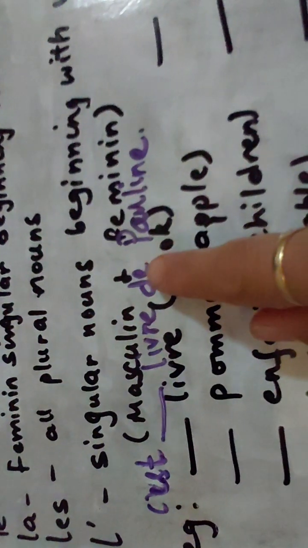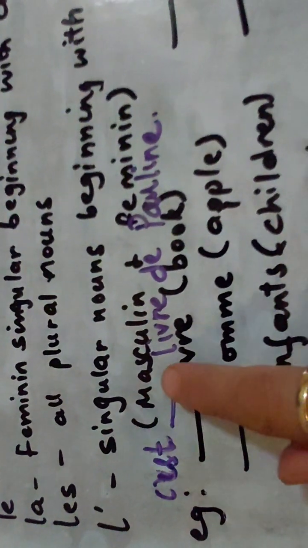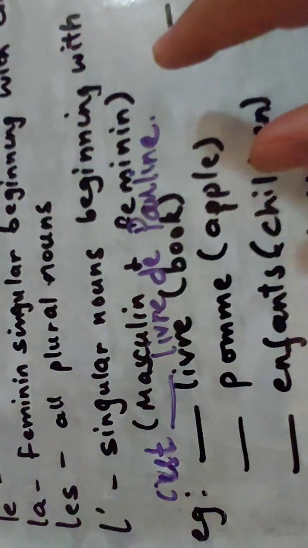Right? Now, what does that mean? C'est means this is, livre means book, de means of. This is the book of Pauline, right?